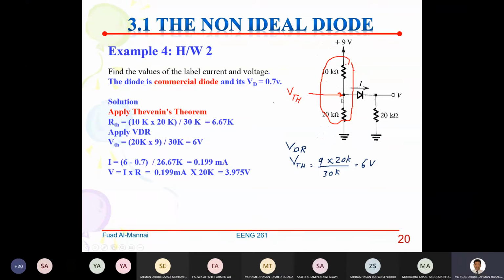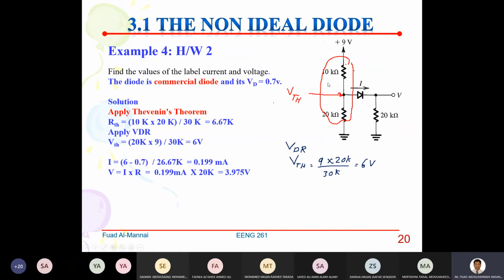Remember that if you have a voltage divider at the input like this, you will see it not only here where we are using a diode, but also when we are using BJT transistors and FET transistors.